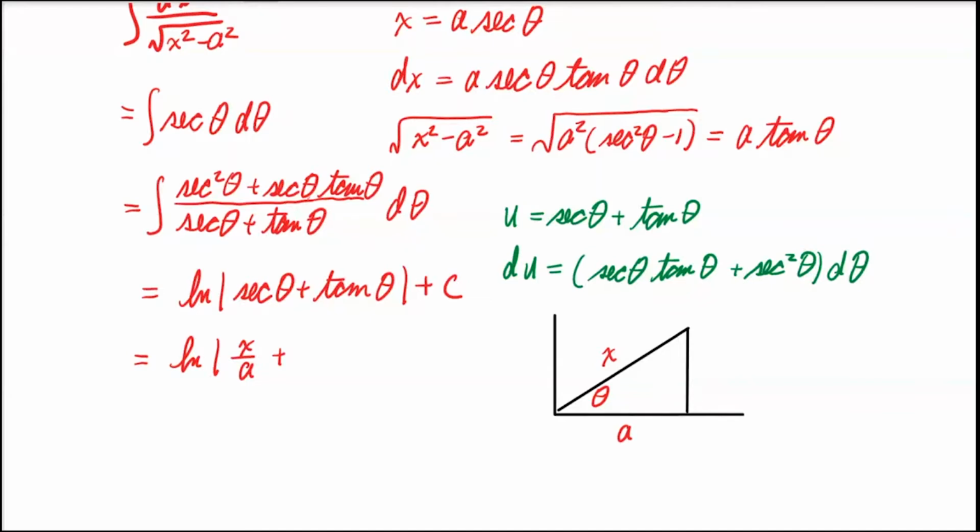This is the easier way. And then this side right here is square root of x squared minus a squared, isn't it? So when we have tangent, it's this over this. Wow, but then we could have easily got that from here. So we have square root of x squared minus a squared over a plus c is the antiderivative part. Good.